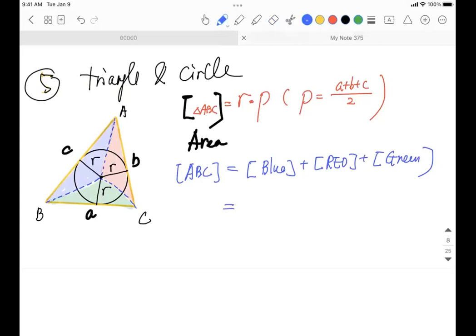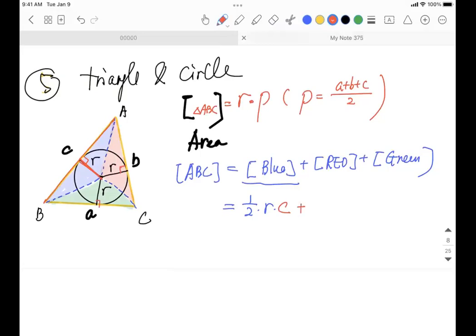What's the area of blue? The area of a triangle is 1 over 2 r times C. R is the height, C is the bottom, because this is an inscribed circle, so these sides are all tangent to it.